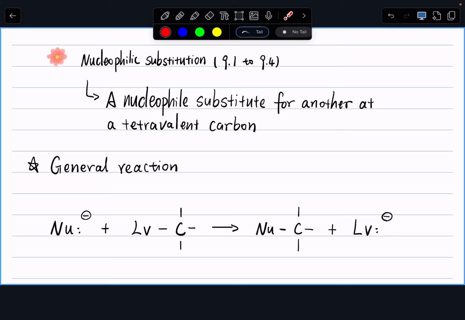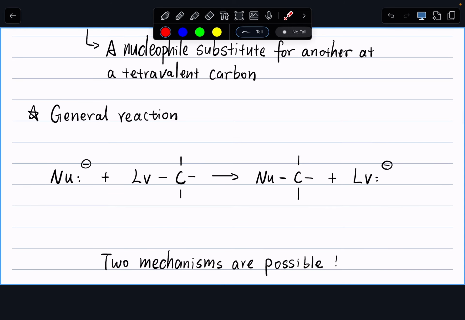First, what is nucleophilic substitution? Well, we're saying a reaction is a nucleophilic substitution when a nucleophile substitutes for another at a tetravalent carbon center. So we're looking at a carbon with 4 groups. In the general reaction, we're talking about the nucleophile, abbreviated as Nu, with a lone pair. It can be anionic, it can also be neutral.